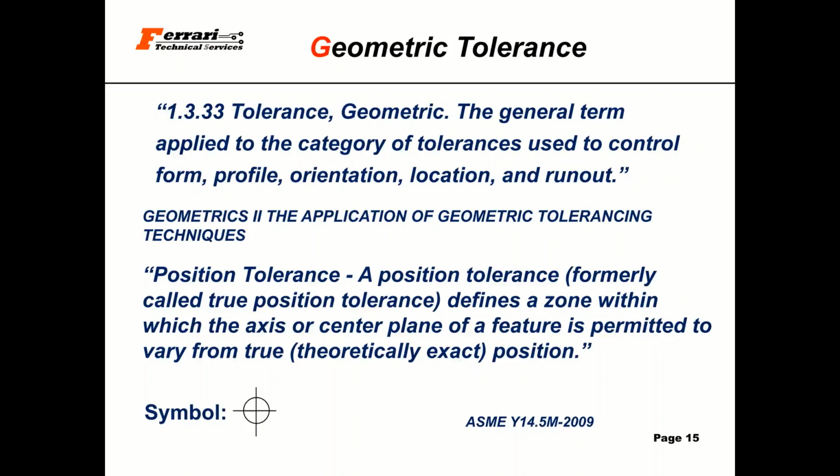Position tolerance: a position tolerance, formerly called true position tolerance, defines a zone within which the axis or center plane of a feature is permitted to vary from true theoretical exact position. The symbol is down in the lower left hand corner. That's the symbol for true position. That's where you can put the X and the circle where you actually want a hole or component lead or whatever it may be.